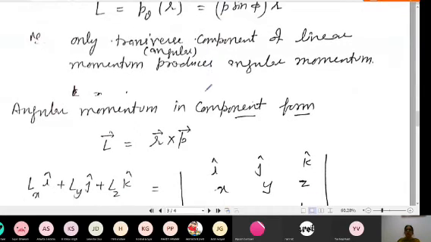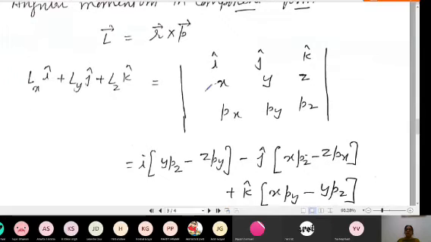Write angular momentum in component form simply by using the cross product of vectors. If I resolve the L vector into components, I will write it as Lx i cap plus Ly j cap plus Lz k cap. Here R can be written as x i cap plus y j cap plus z k cap, and P can be written as px i cap, py j cap, pz k cap.